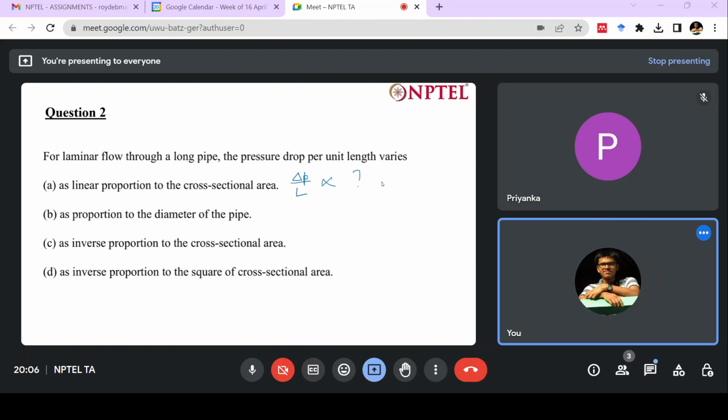So this is one of them. Do you know how the pressure drop per unit length varies with cross-sectional area? What will happen?